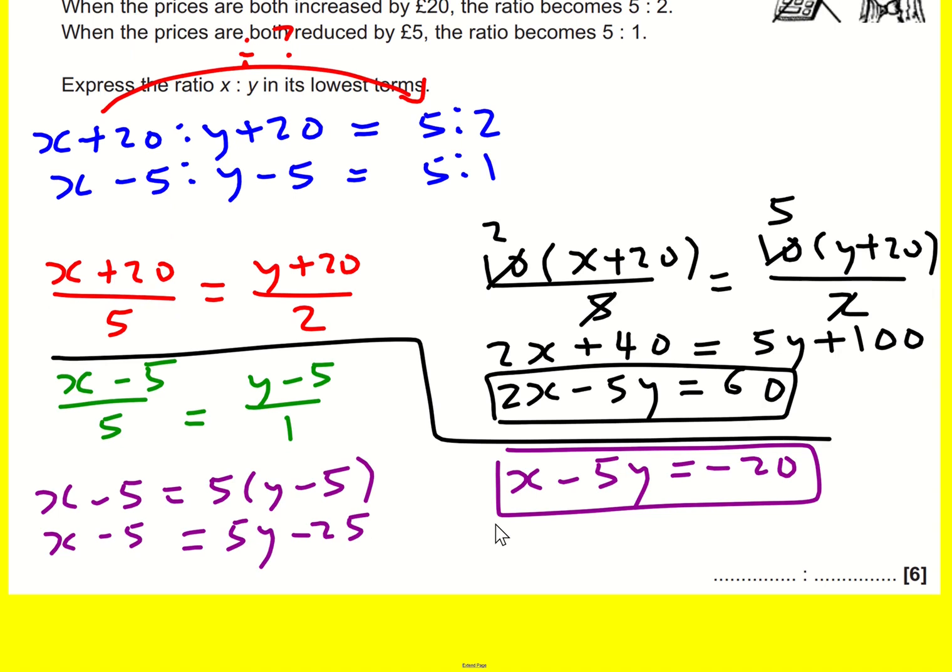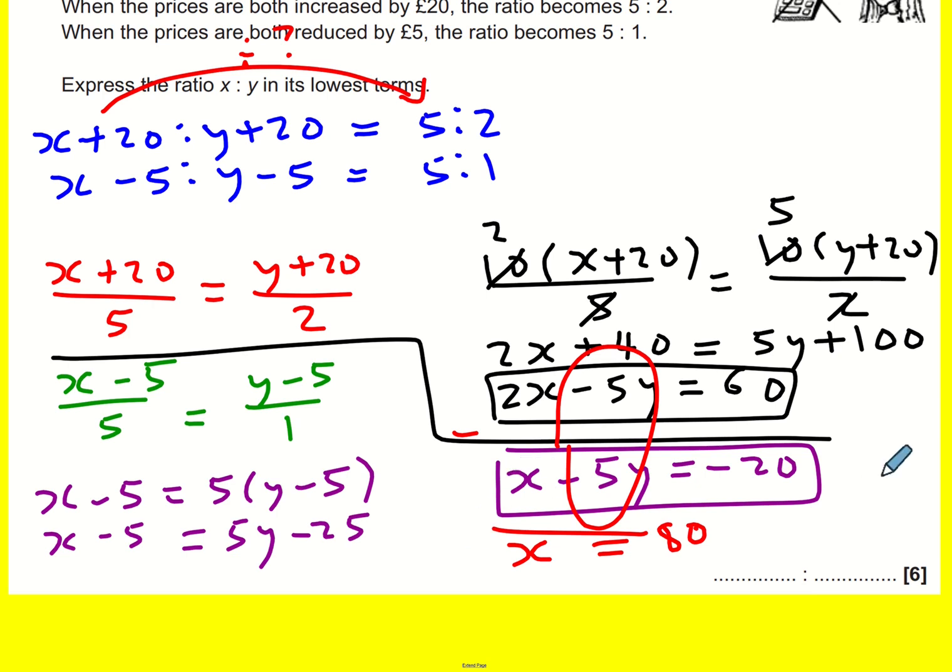What I can now do is what I normally do with simultaneous equations, try and look at the coefficients and decide do I add or do I subtract? Well, because I've got these two as the same, I can actually subtract these equations. So I'm going to subtract the left-hand sides, and that's going to give me x. The minus 5y is going to cancel out because it's a double negative, minus 5y minus minus 5y. And then I've got 60 minus minus 20, x is equal to 80. I can substitute that back into either one.